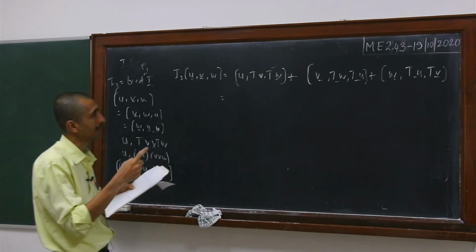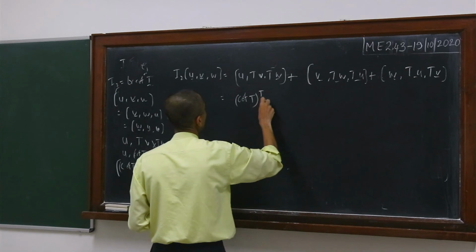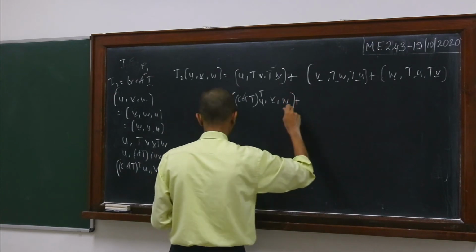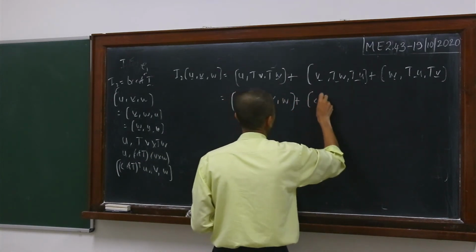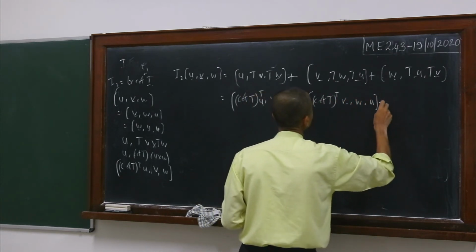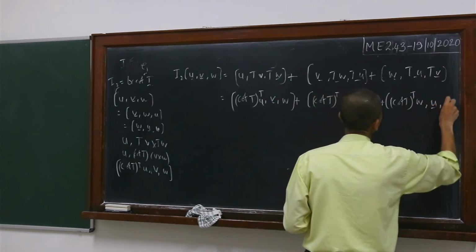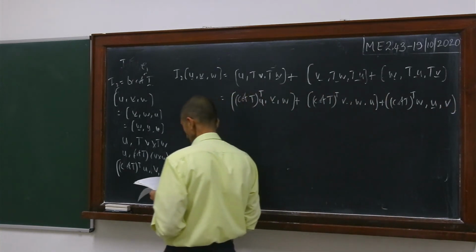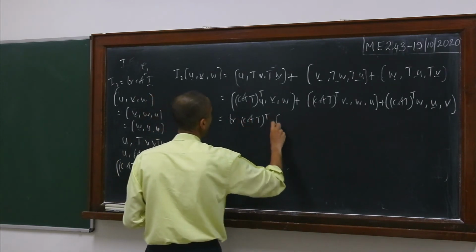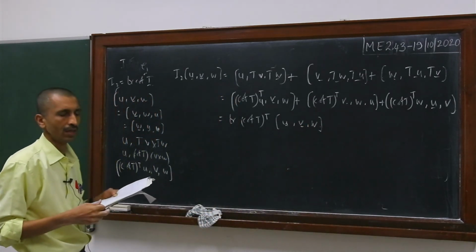Similarly, you can write it for the others also. So you can write this as cofactor T transpose U comma V comma W, plus cofactor T transpose V comma W comma U, plus cofactor T transpose W comma U comma V, and then this is nothing but trace of cofactor T transpose times UVW. Here I have used the definition of the trace of a tensor.